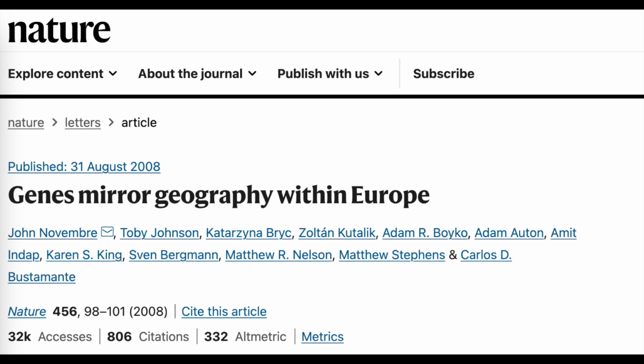So if you look for a paper called Genes Mirror Geography within Europe, this was taking genotyping data, SNPs I believe. It's been a long time since I've done this, so I will recollect to the best of my abilities, but it was using SNP data, genotypes from many people, and basically just collecting all the data, putting them in a giant matrix, and doing PCA on it.